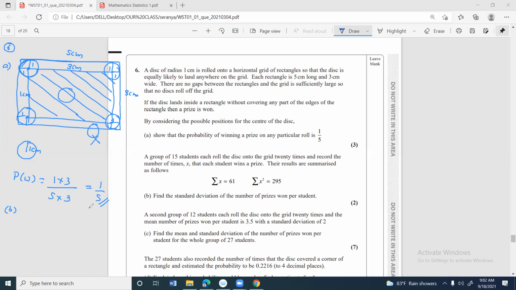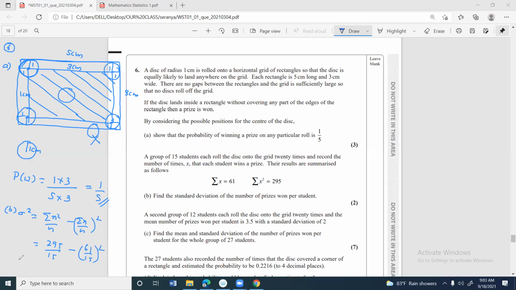So for the standard deviation, sigma squared is the variance, which we can find as the summation of X squared divided by N, minus the summation of X divided by N, whole thing squared. So the summation of X squared is 295, divided by 15 because it is done by 15 students, minus 61 divided by 15, whole thing squared.